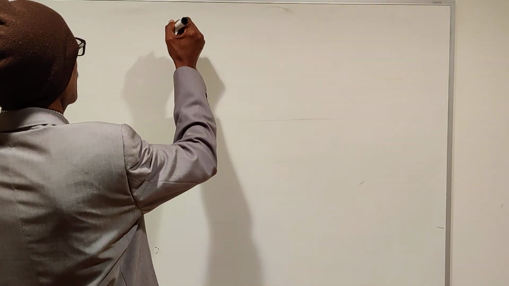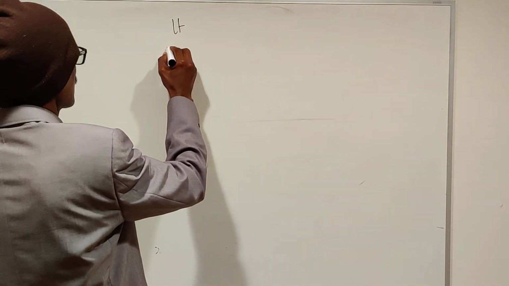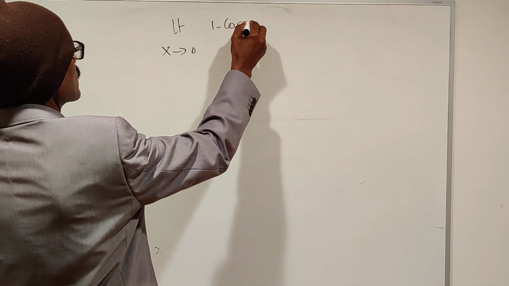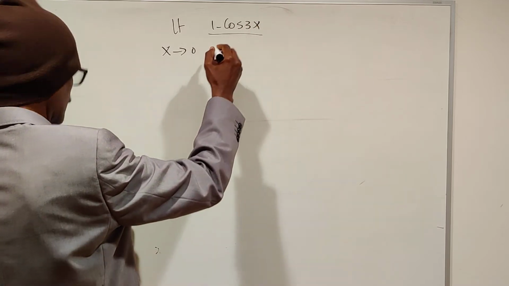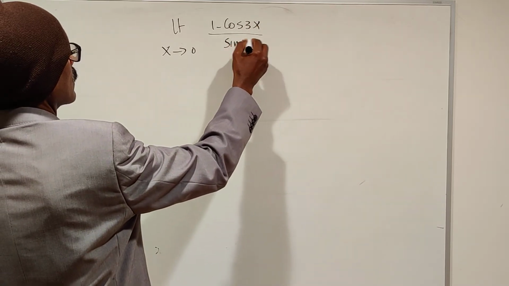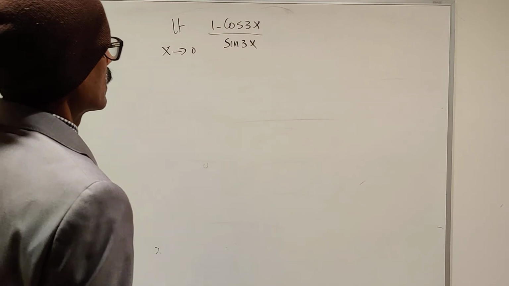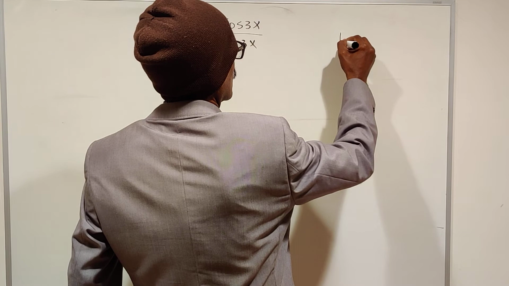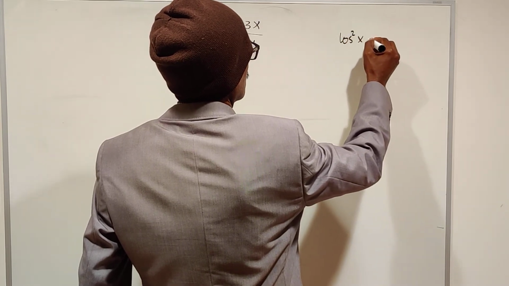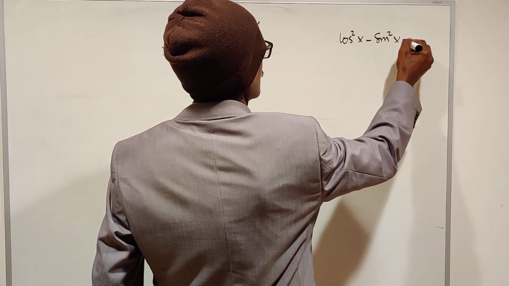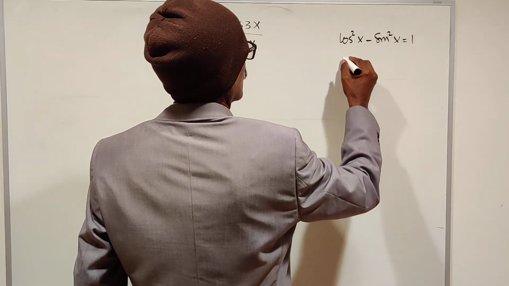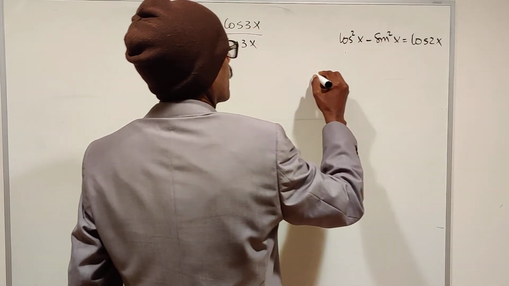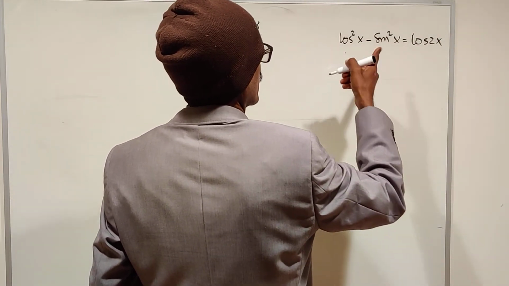Okay, limit x tends to 0, (1 minus cos 3x) by sin 3x. Okay, see here, cos 2x equals cos square x minus sin square x.